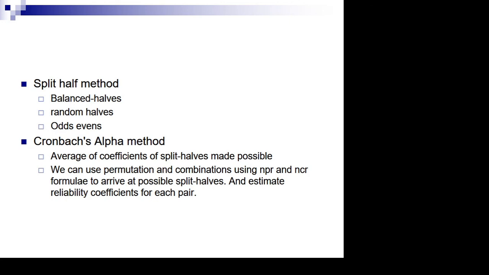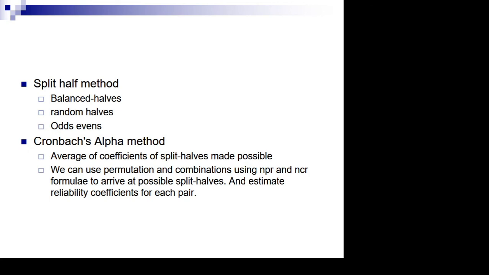In Cronbach alpha method, we take the average of coefficients of all the split halves which are made possible. For example, if I'm measuring customer loyalty using a 25 item scale, how many halves can I divide? In the split half method, I have seen three sub methods, so at least three times I can divide them into halves.